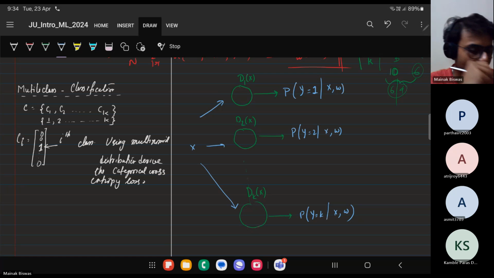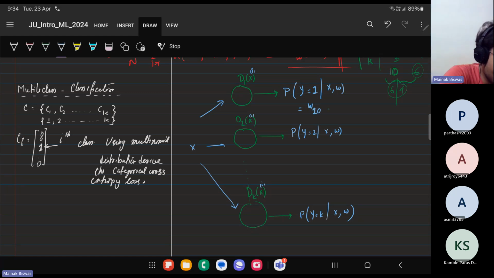So I can write this first function as, say, with i's on the top, w0 plus w1 x1, w12 x2, and so on.